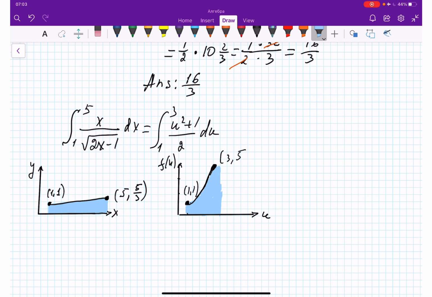So what does that mean? That the areas under these two graphs are equal, it's the same.